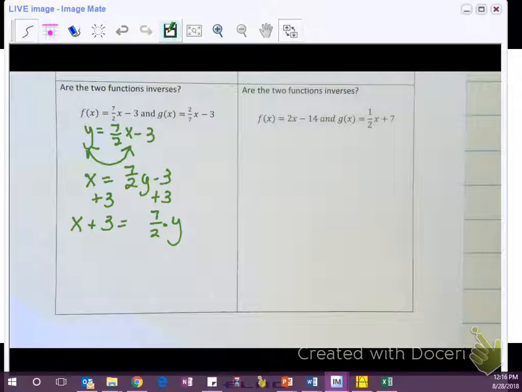So I'm going to write it this way because I think it will help you remember. If I multiply this by the reciprocal, which is 2/7, remember everything I do on one side, I have to do on the other side. If I multiply this by 2/7, then what's going to happen is my 2's cancel and my 7's cancel. And that's what I want, because I want it to equal a 1.